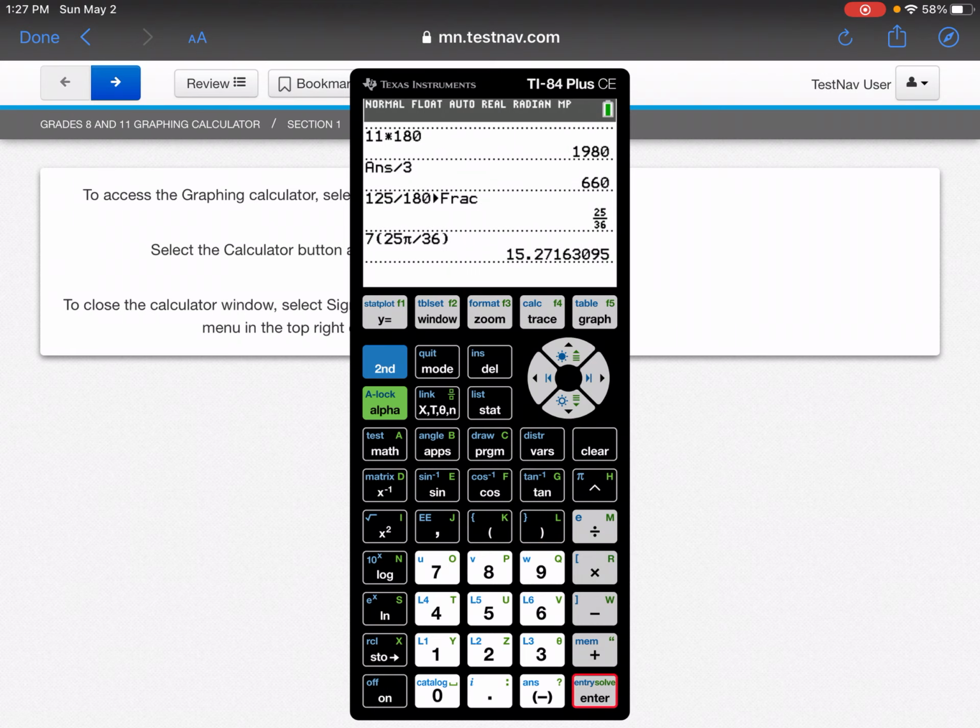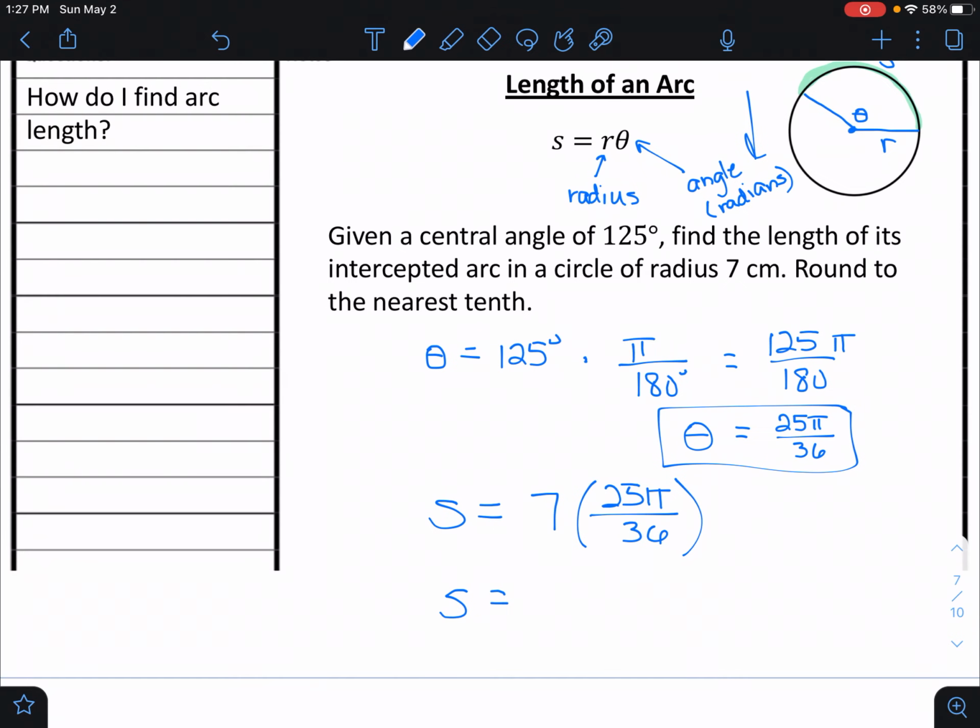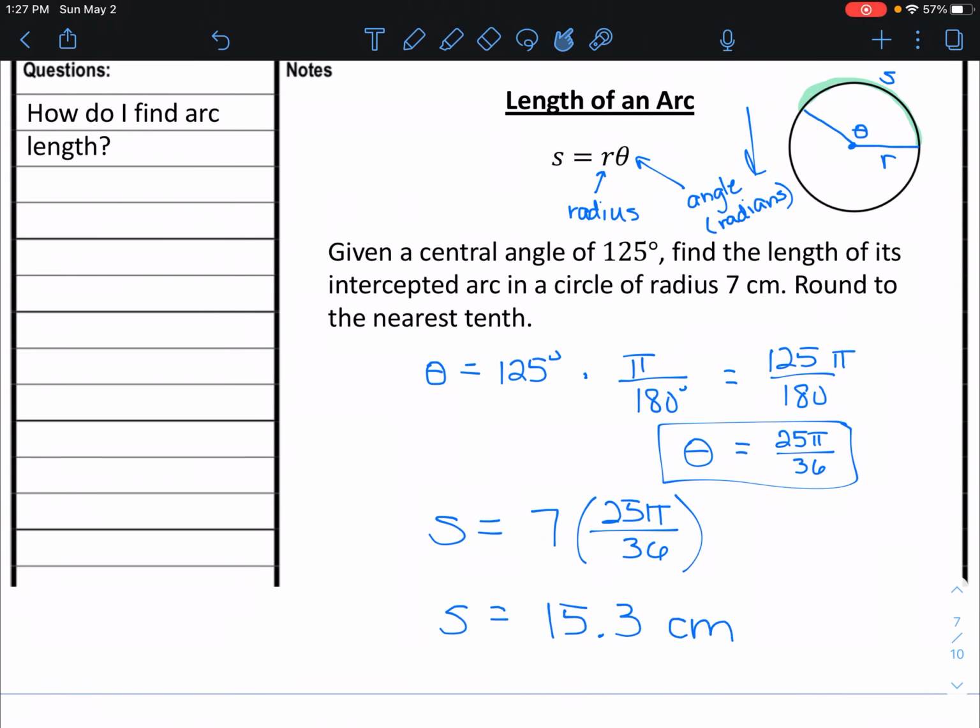We're going to round this to the nearest tenth, so that would be 15.3, and then don't forget to put your units. It's a regular length. So 15.3, in this case, centimeters. That's how long that arc would be. And that's how we find the length of an arc.